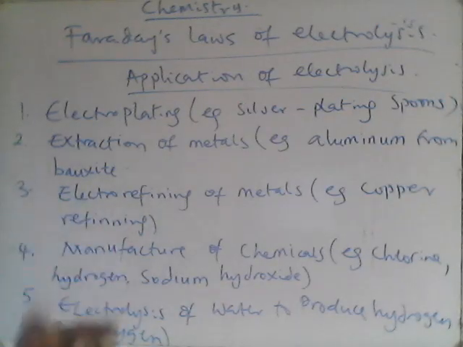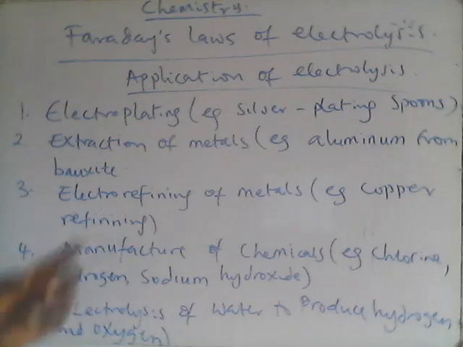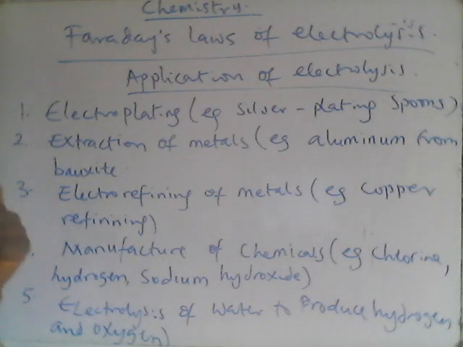And also for protection. So the second application is extraction of metals. We looked at the previous video where we saw aluminium being extracted from bauxite, and that process is through electrolysis. Thirdly, you can also electro-refine metals. Refining just makes copper more polished.